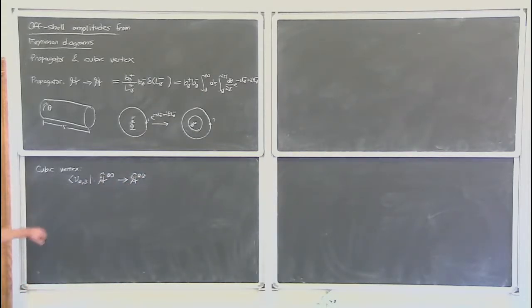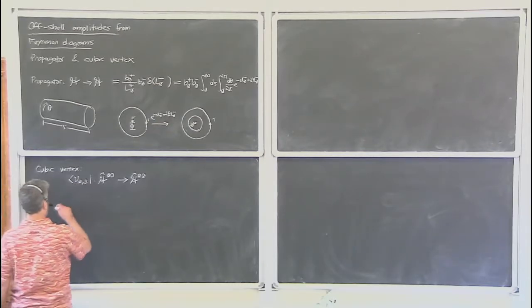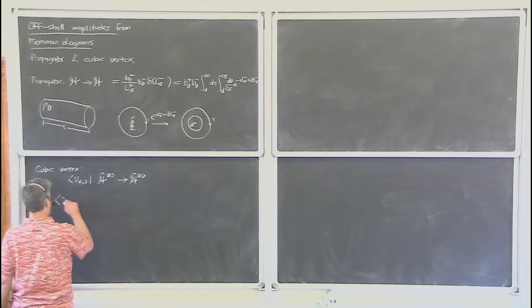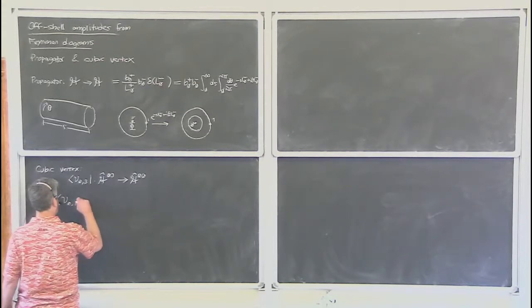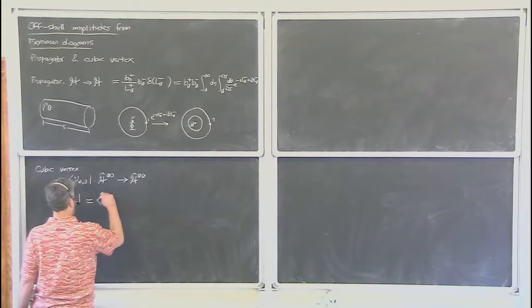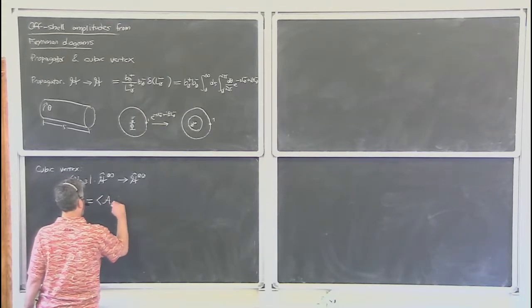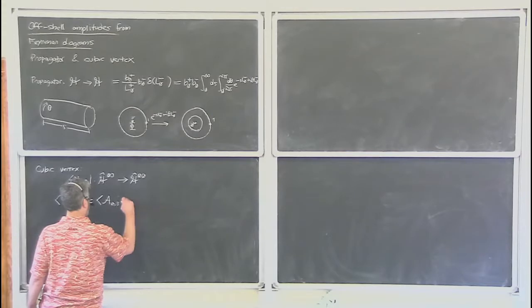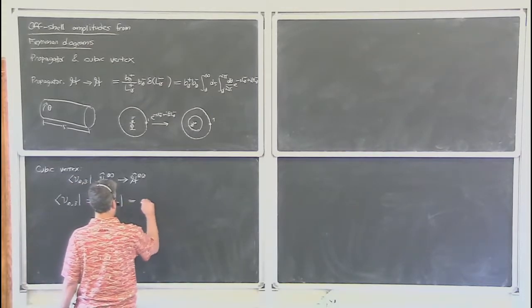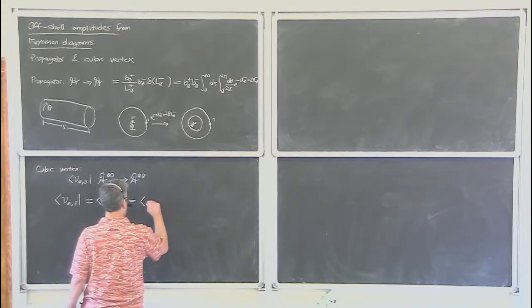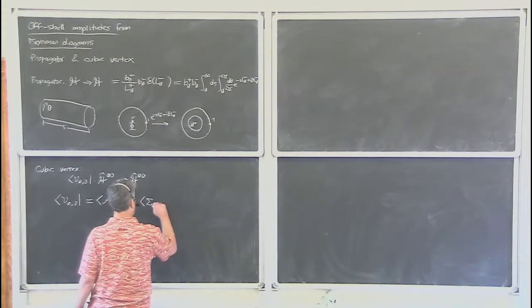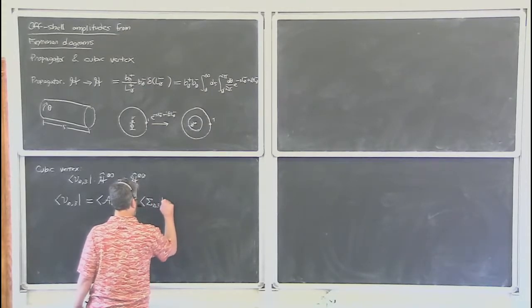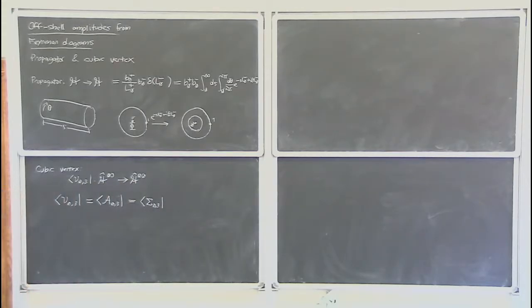And we can identify this cubic vertex simply with the off-shell 3-point amplitude. So we can write V03 will be the same as the off-shell 3-point amplitude, which in itself is the same as a surface state with 3 punctures. Okay, a surface state on the sphere with 3 punctures.